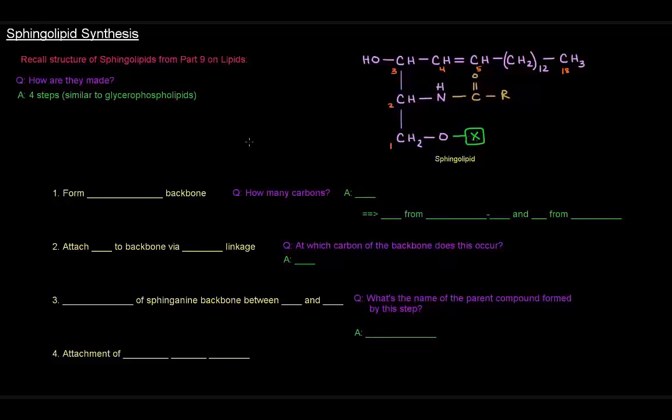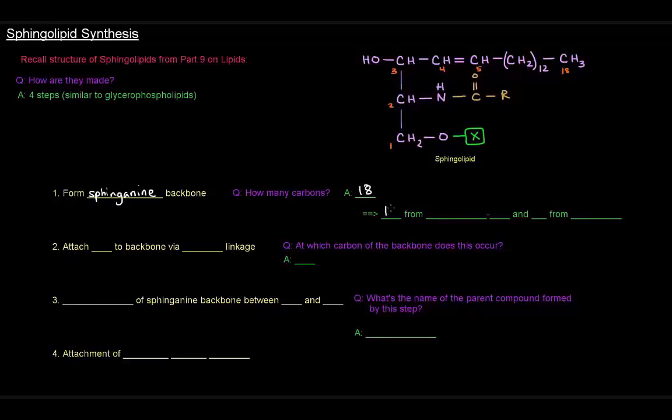So how are these things made? Well, there's 4 steps, so in that sense they're similar to the way in which glycerophospholipids are made, because there's also 4 steps to make those. The first thing that we have to do is form a sphingosine backbone. And how many carbons is that? Well, as you can see from here, there are 18.